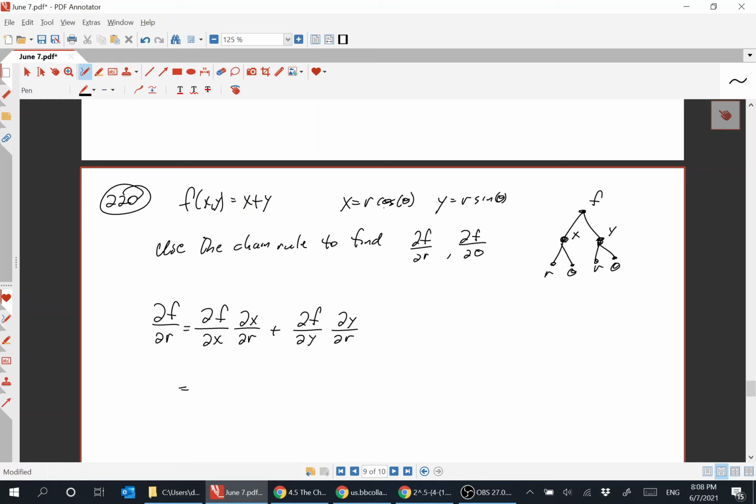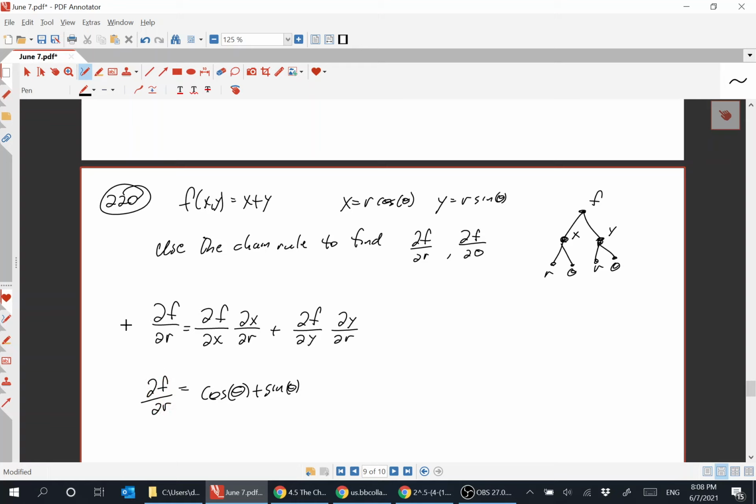Partial x with respect to r is just cosine theta. Plus, partial f with respect to y is just 1. And partial y with respect to r, it's just sine theta.